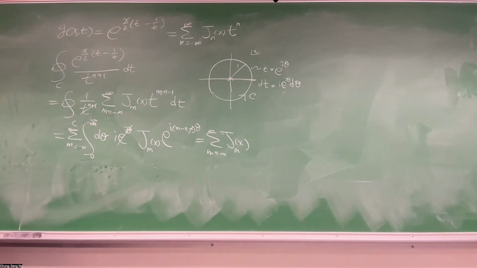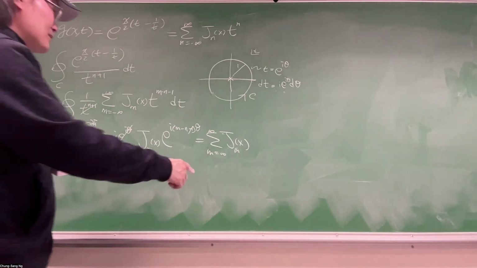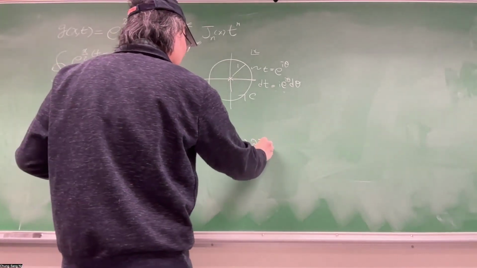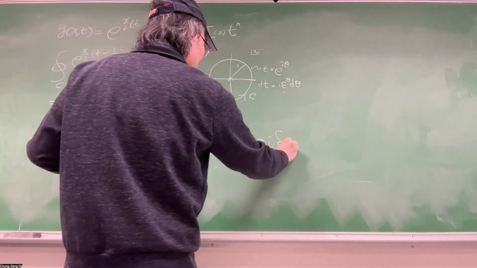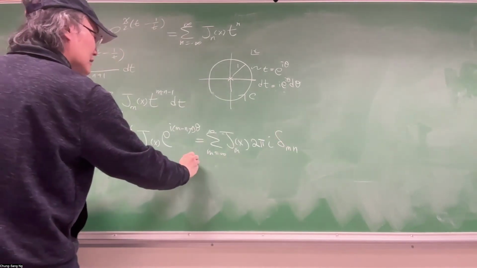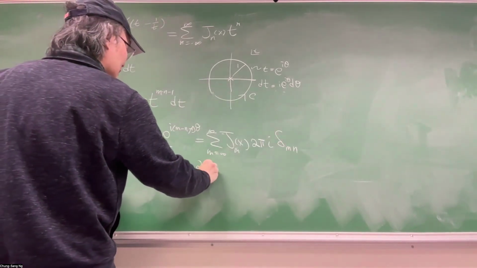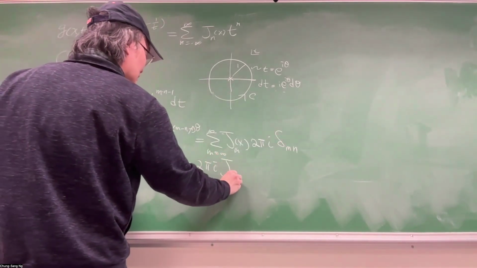You integrate to 2 pi, that would be 0. So you have 2 pi I delta mn, which gives 2 pi I J sub n.